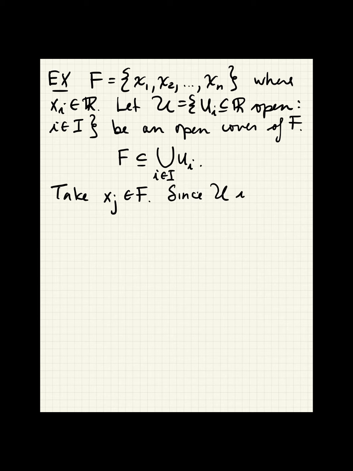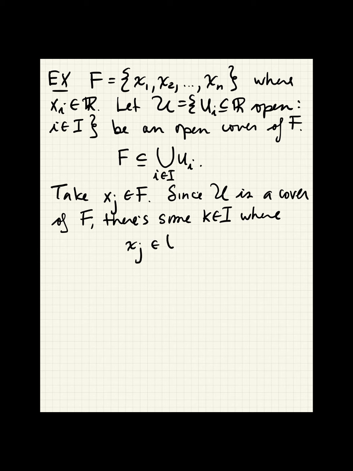Since U is a cover of F, there's some index k in the index set where x_j is in the kth set in my collection. Okay, so let's rename k to be i_j. That j goes along with the x_j.